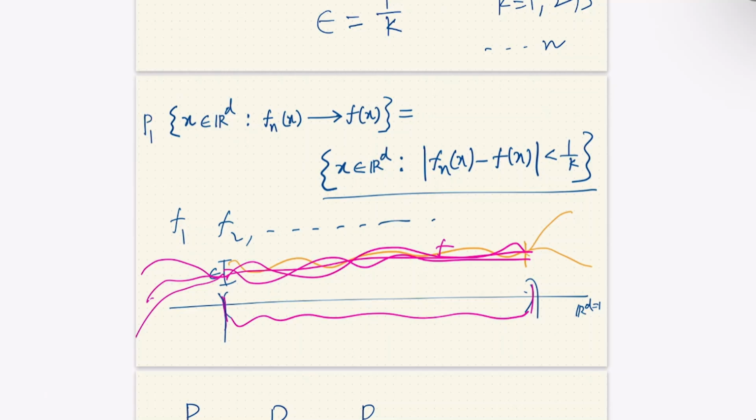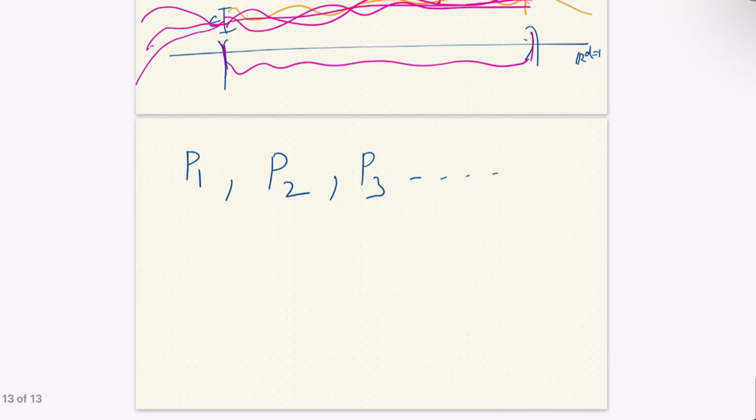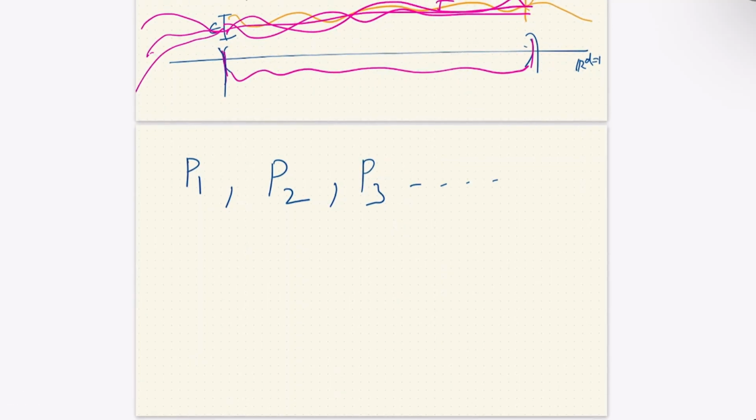You can say this is pk, for a particular k. Now out of all these p1, p2, and so on, pk and so on, as k goes to infinity, I want a best point collection. What will come?